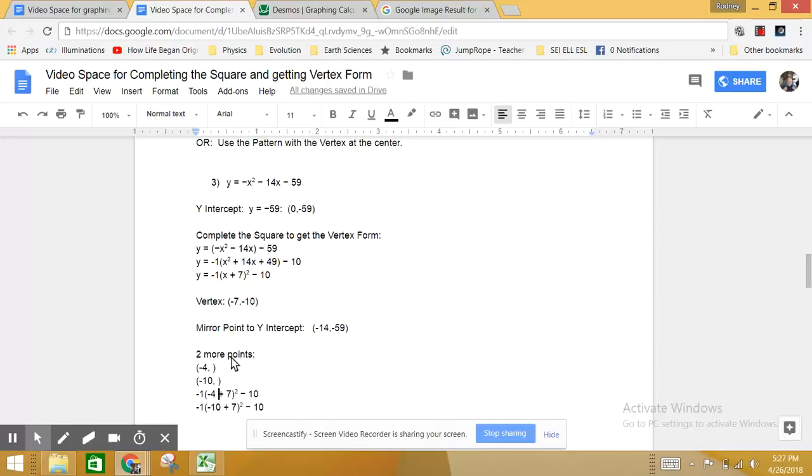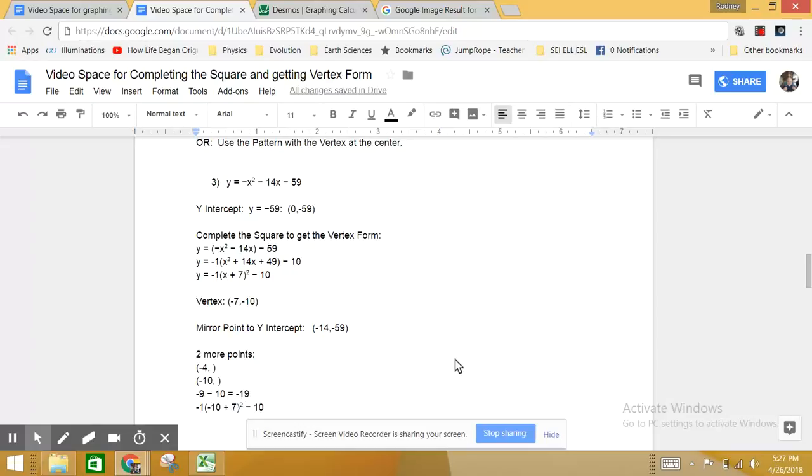So this is using negative 4 as my input. Negative 4 plus 7 is 3. So that becomes 3 squared, and 3 squared is 9. And then negative 1 times 9 is negative 9, and negative 9 minus 10 is negative 19.